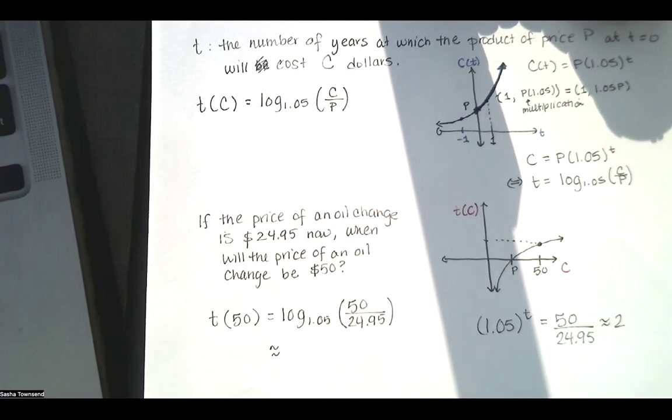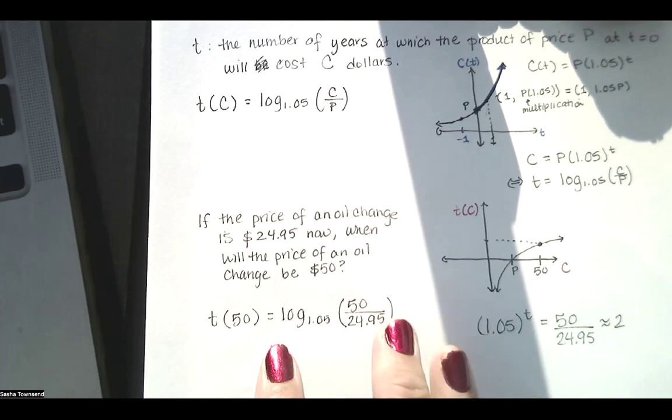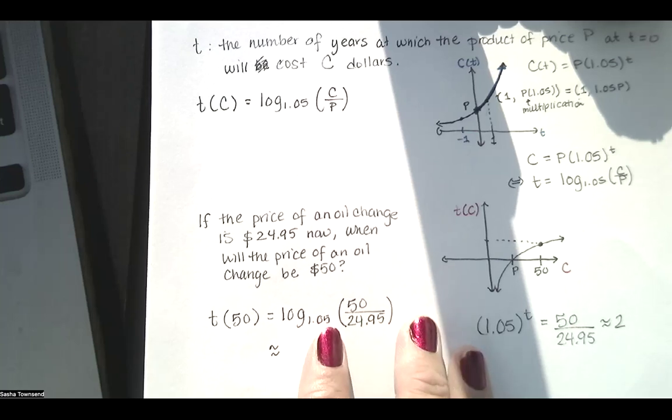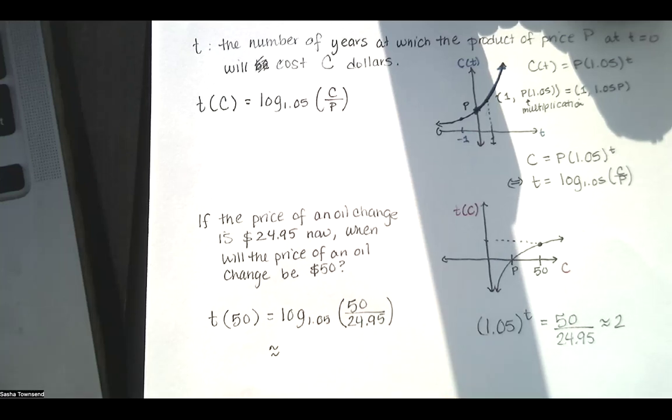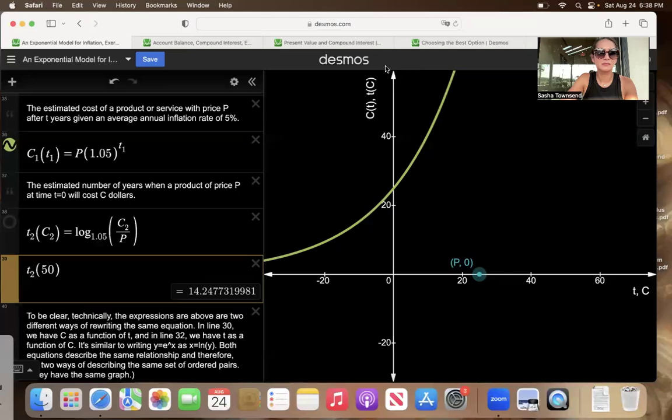So let's use the calculator to find out how many years it would take for us to have a price of $50, or basically, when will the price of the oil change be $50 if it's $24.95 right now? So if I take my function T sub 2, which looks like that if I graph it on the same grid, and I evaluate at C equals 50, I get a value of 14.25.